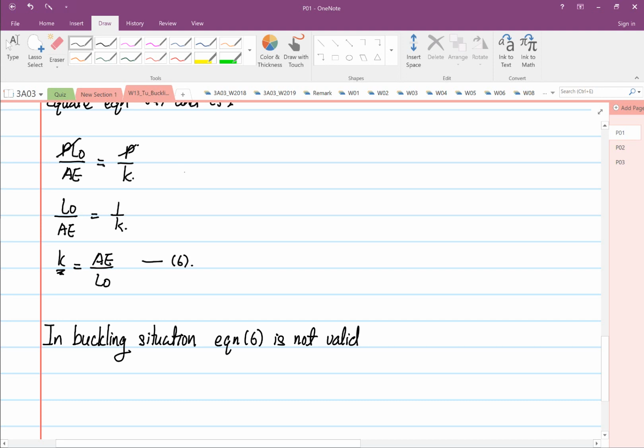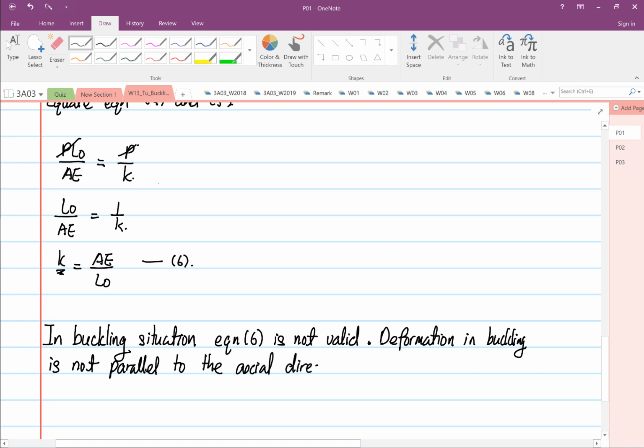Because the deformation in buckling is not parallel to the axial direction of the structure.